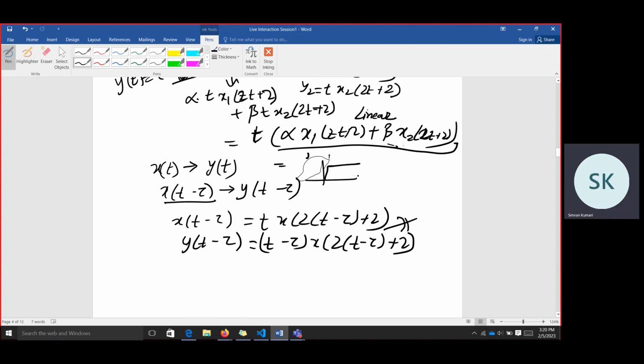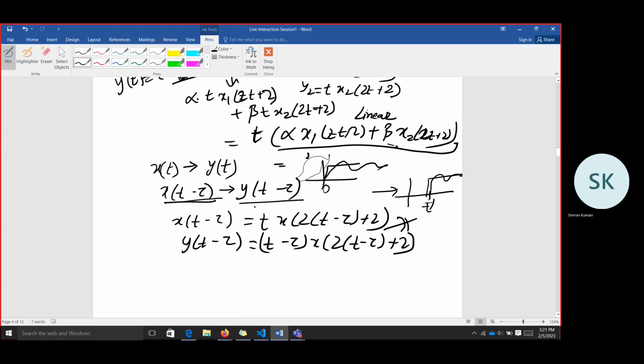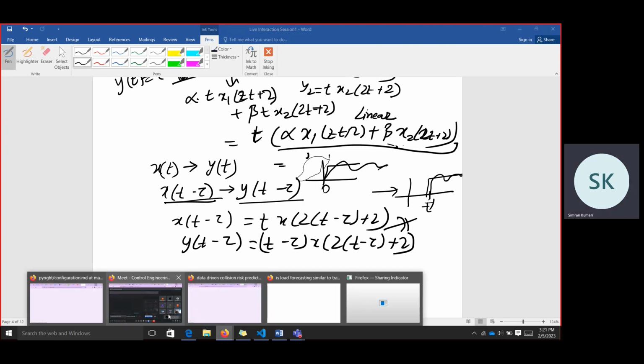This is the input we apply, and this is the output that we get. Now, if we apply input at some time t equal to t dash, here it was applied at 0, so it is shifted. So this is the input. The output should be the same, but since this input has been applied here, it will be just a shifted version of the earlier output. So that says that x(t minus tau) gives y(t minus tau).